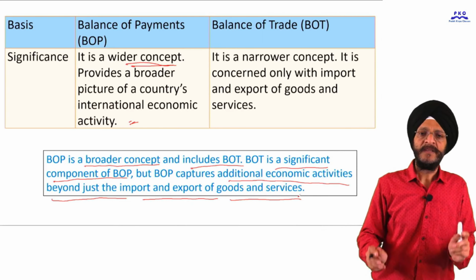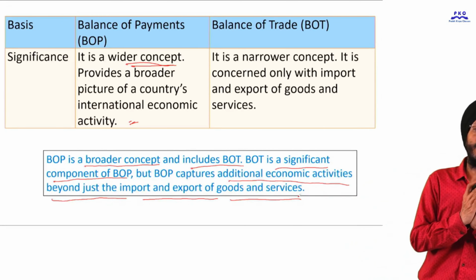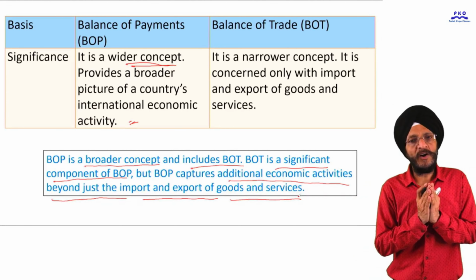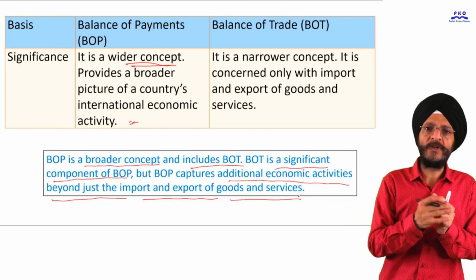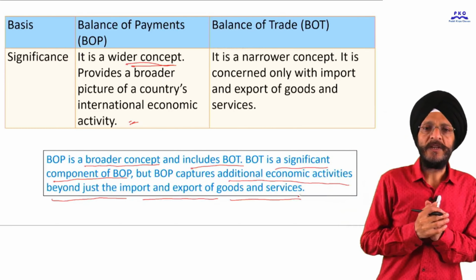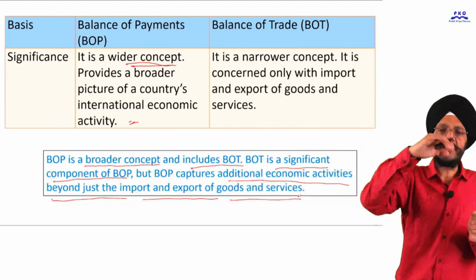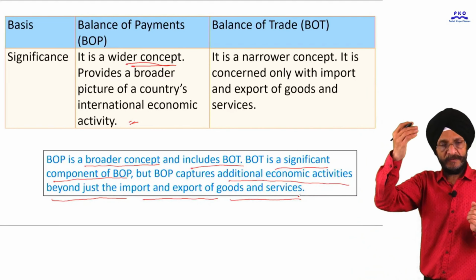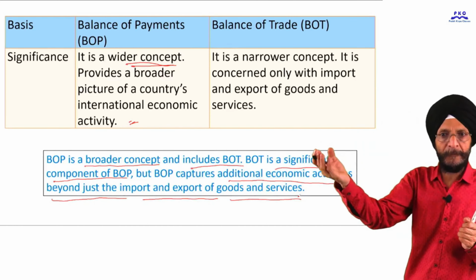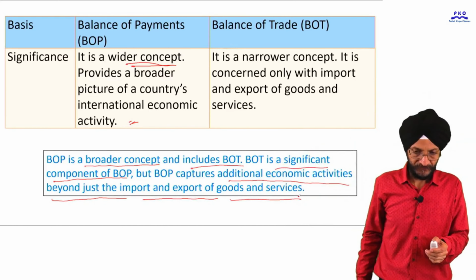It means that in the case of balance of payment, we not only record transactions pertaining to export and import, but we also record the transactions pertaining to other items such as unilateral transfers, incomes, investment received from abroad, loans paid or loans received, etc.